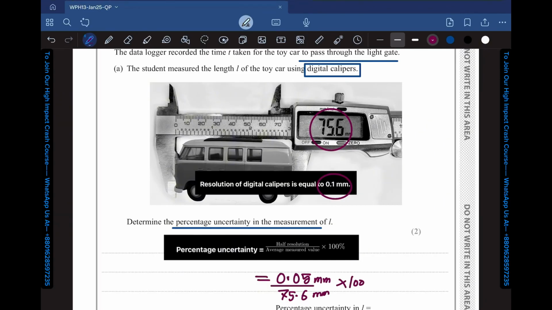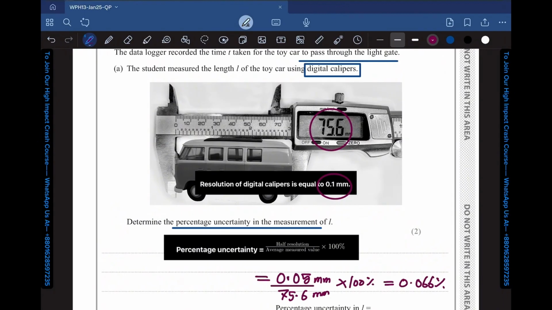Times 100. So this will give us a value of 0.066%. So this will be our value.